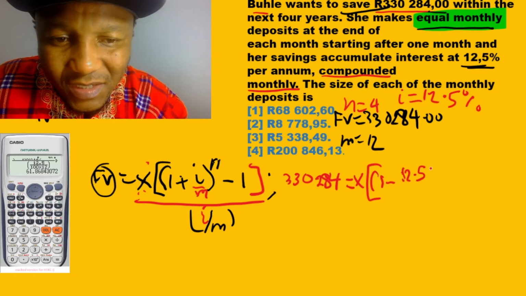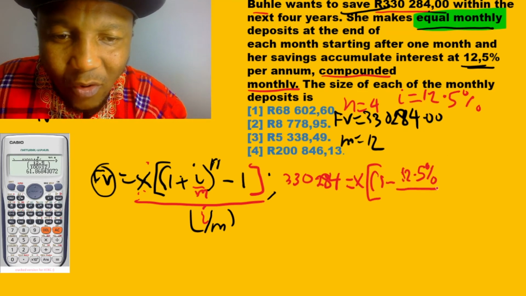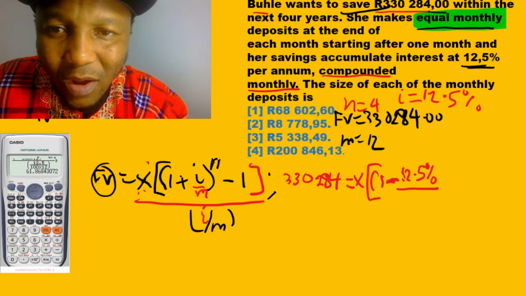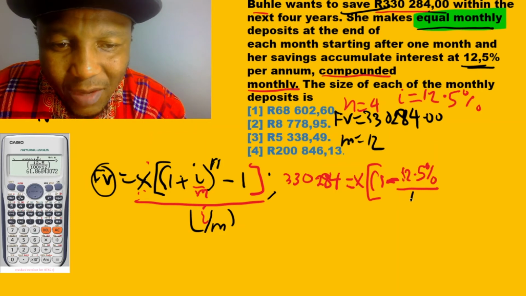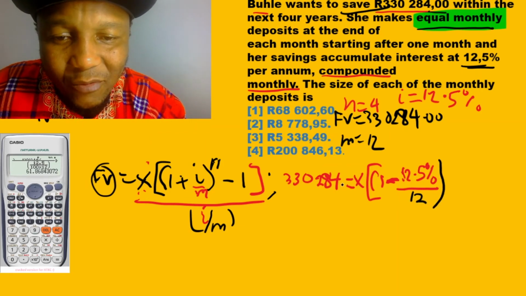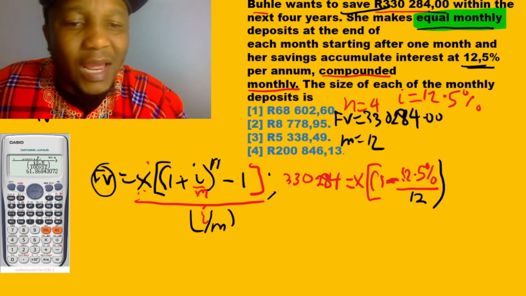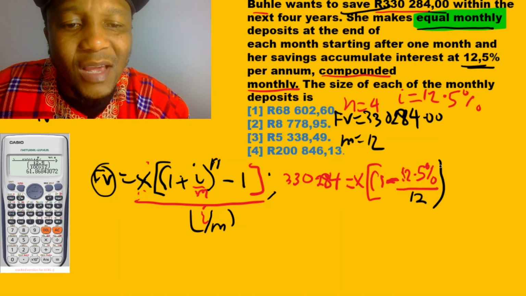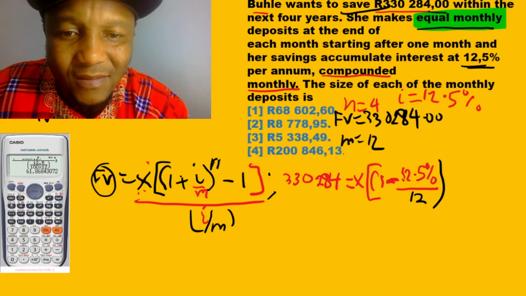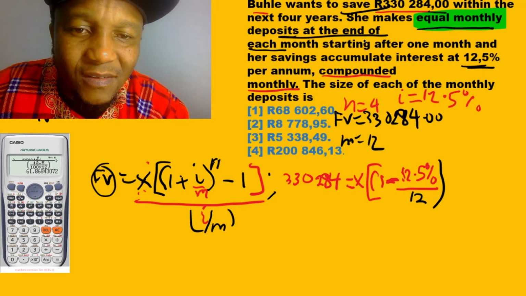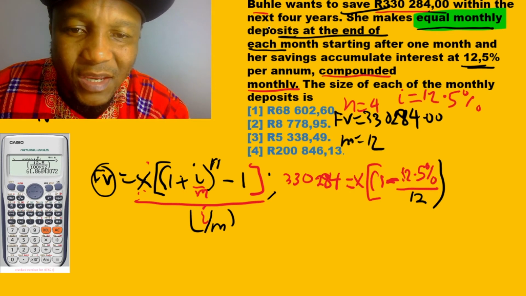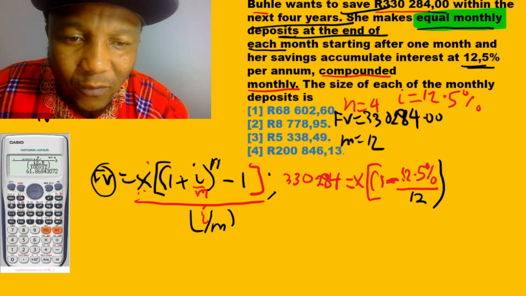You can write it the way it is, percent, and then over our M. Our M for this case is 12. It was compounded monthly, so it is 12. And then we times by N. What is that N? N is the number of years. We know it was 4 years. They even say here, within the next 4 years. So N equals 4.